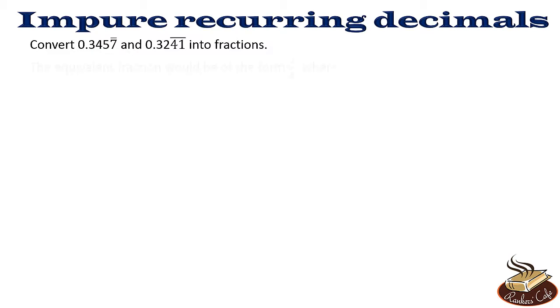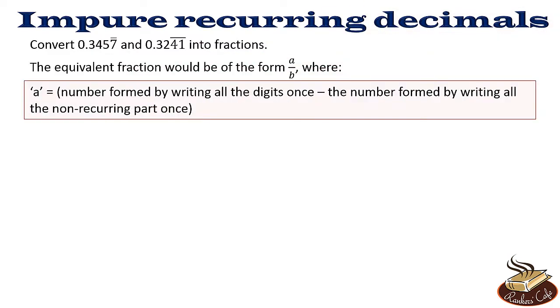Its equivalent fraction would be of the form a by b, where a, or the numerator, is the number which is formed by writing all the digits once minus the number formed by writing all the non-recurring part once. That is, the numerator is the difference of two numbers. And what are those two numbers? The first number is the number formed by writing all the digit once, and the second number is the number formed by writing all the non-recurring part once.